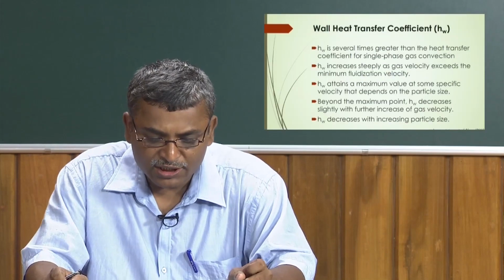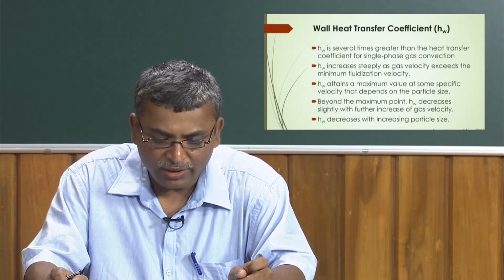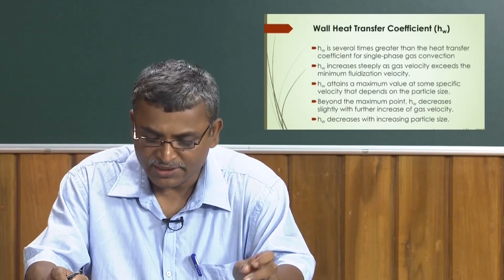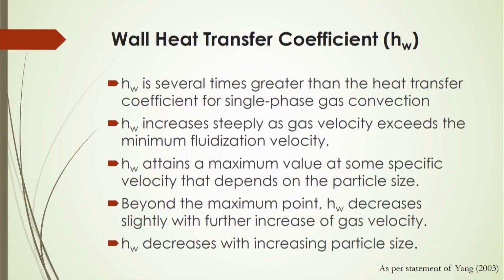Again, it will reach a maximum value at some specific velocity that depends on the particle size. Beyond the maximum point, h_w decreases slightly with further increase of gas velocity, and the wall heat transfer coefficient also decreases with increasing particle size.